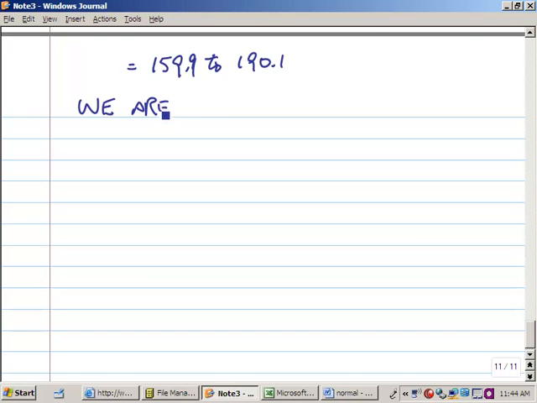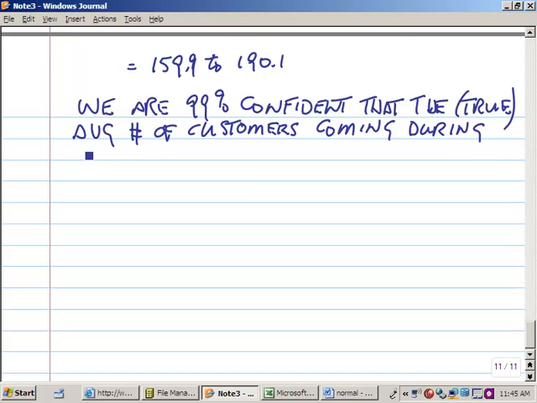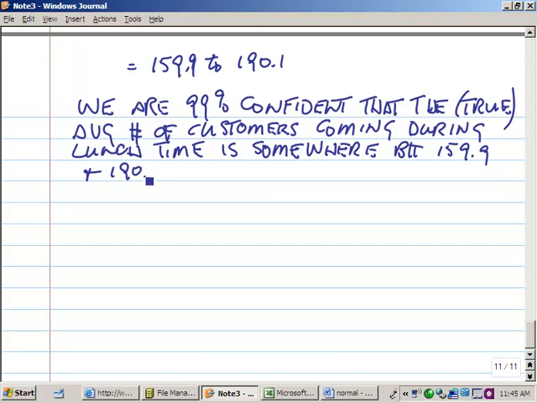Again, you can write some sort of statement for that. We are, in this case, 99% confident that the true average number of customers coming during the lunch hour, or lunchtime, is somewhere between 159.9 and 190.1 customers.